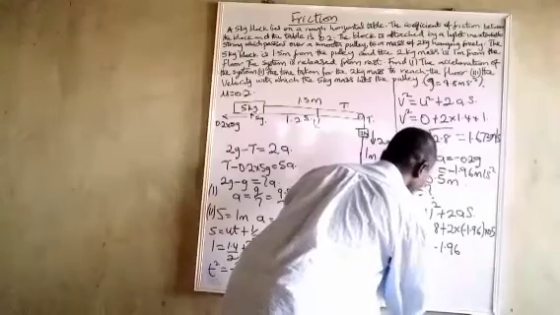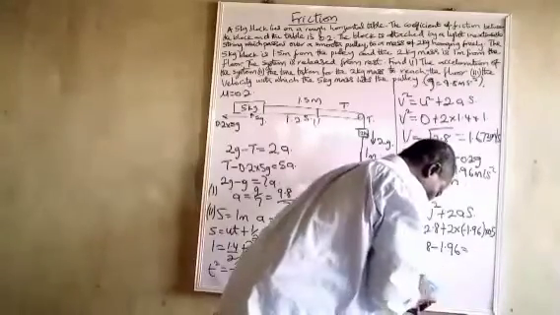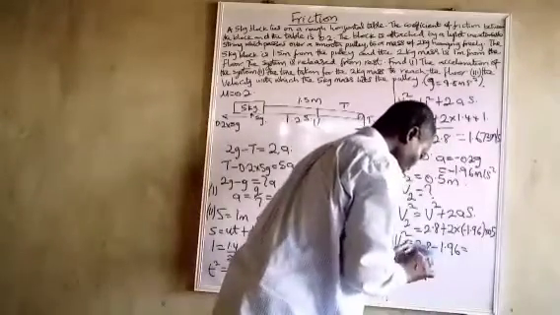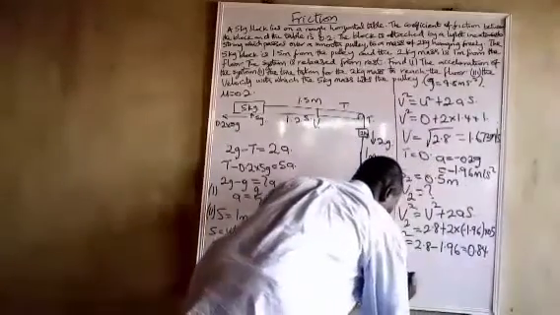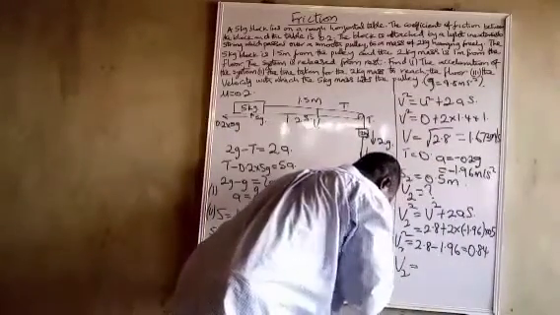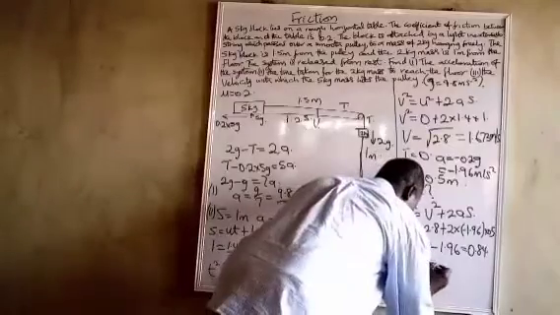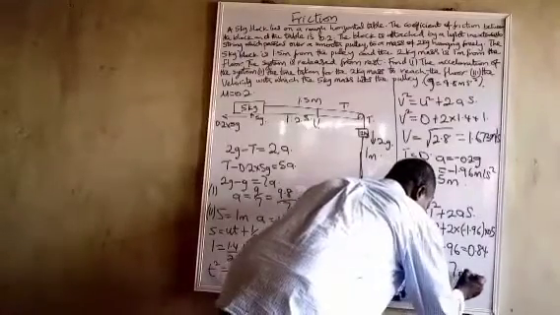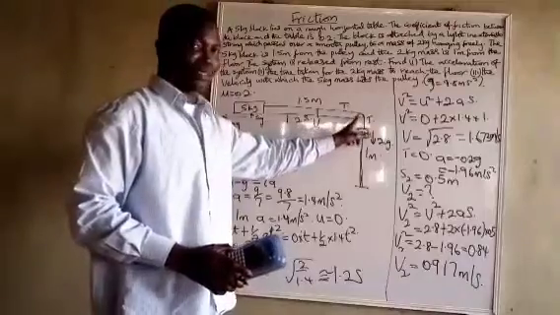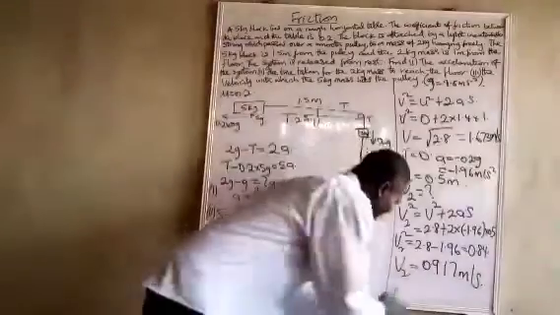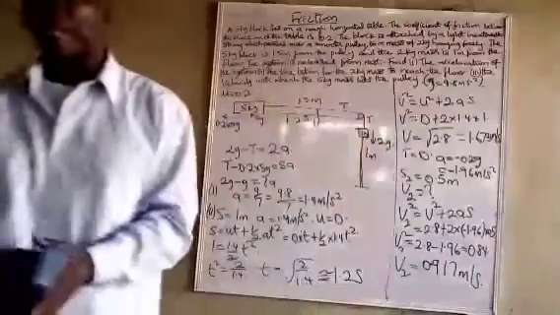That is v2 squared, so 0.84. So v2 will be equal to the square root of this, 0.917 meters per second. So the velocity with which this 5 kg will meet this pulley here is 0.917 meters per second.